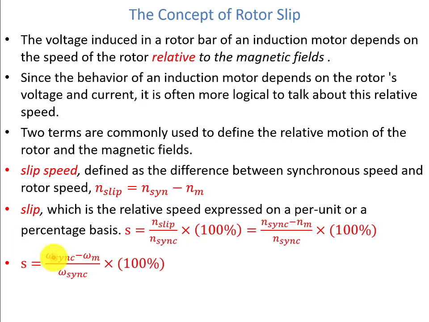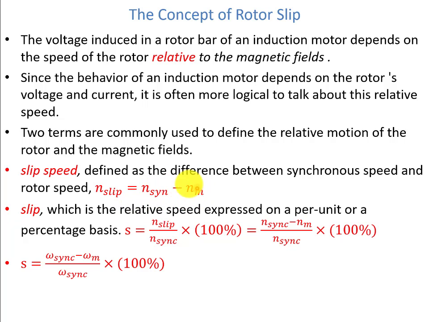So this is a very important phenomenon in the induction motor, the slip. It is not present in the synchronous motor that we have seen, because in the synchronous motor the rotor mechanical speed itself is at the synchronous speed, while in the induction motor, because the rotor does not have its own magnetic field, it always lags behind the synchronous speed.